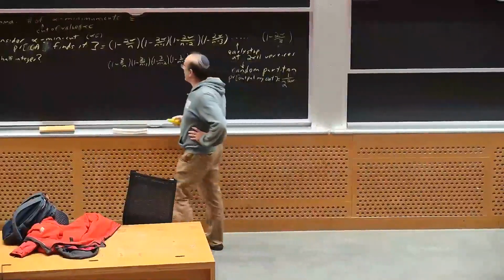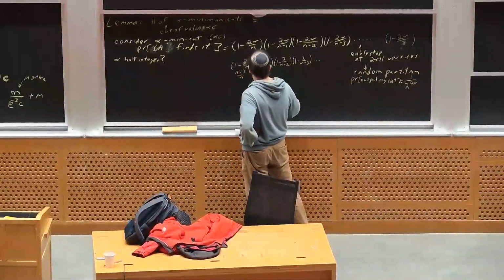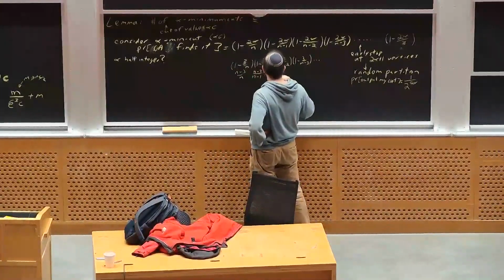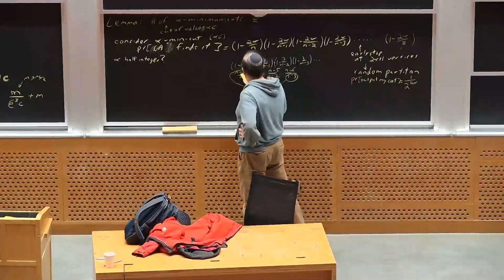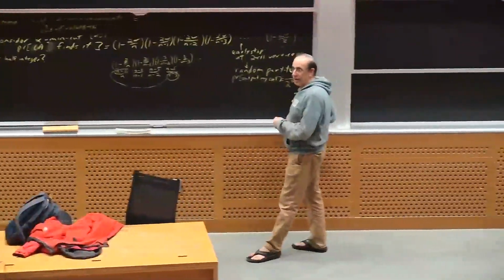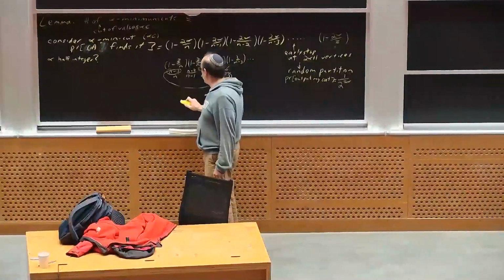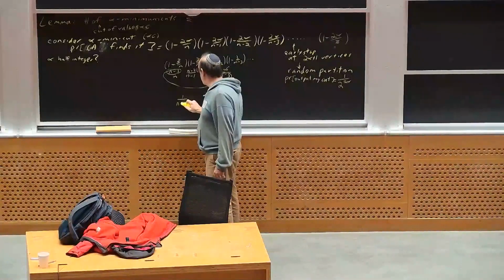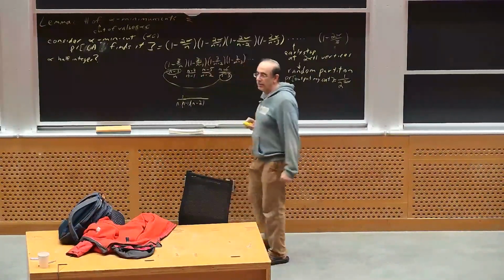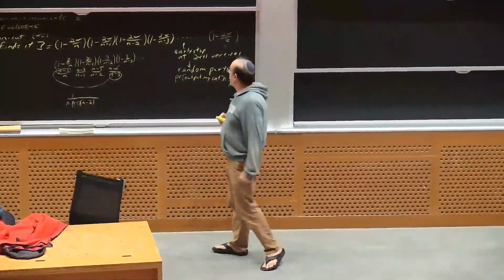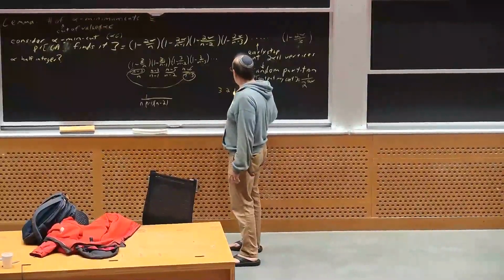It still telescopes, right? Now we have n minus 3 over n times n minus 4 over n minus 1 times n minus 5 times n minus 2 times n minus 6. Here's the n minus 3 that is going to cancel this n minus 3, and all of the later terms are going to cancel. So what we're left with in the 3 case is 1 over n times n minus 1 times n minus 2, and at the other end, where we finish, we're going to have 3 times 2 times 1.